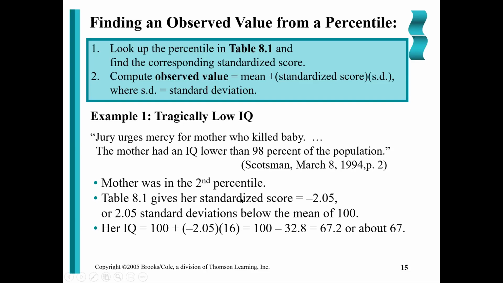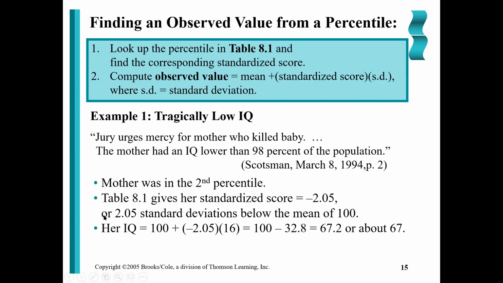And in this case, it asks what was the person's actual IQ, this mom who killed the baby. Well, if you look up the standard score for the second percentile in that table, negative 2.05 is your standard score.